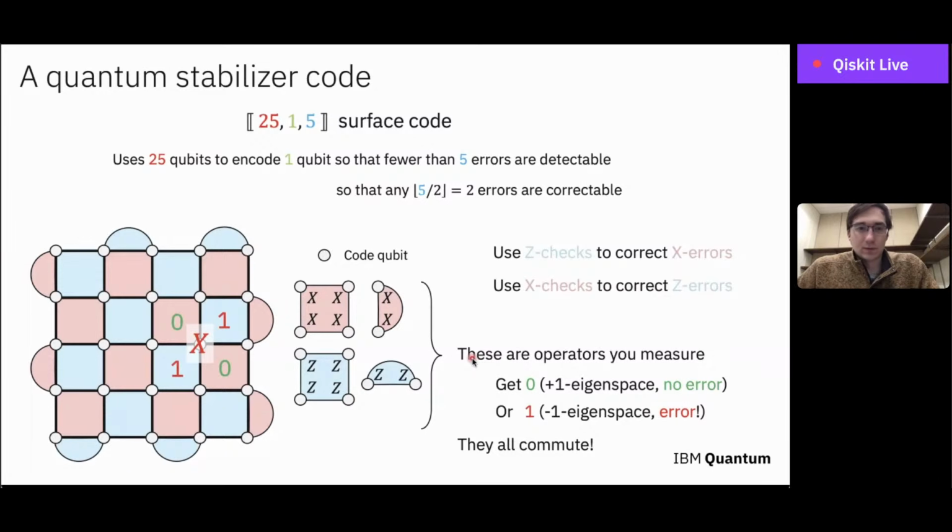So let's look at some examples. If there's an x error here, then it anti-commutes with these adjacent z checks. And so those indicate an error. Those have value 1 when you measure them. And similarly, if you have a z error here, the adjacent x checks indicate an error.